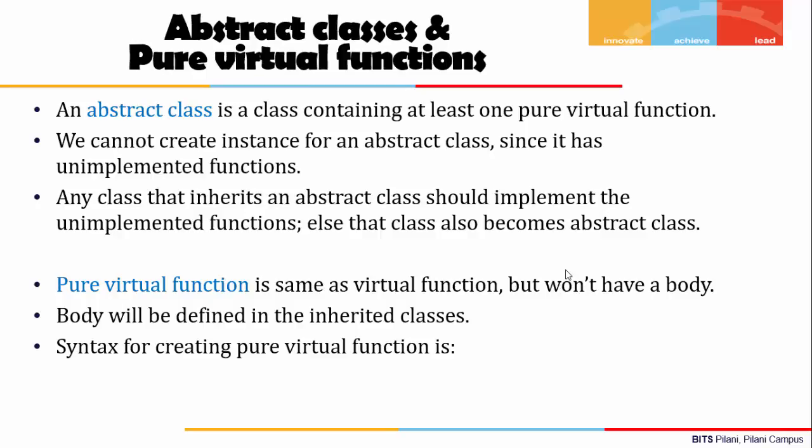It simply indicates that the virtual function is a pure function. If a base class contains at least one pure virtual function, then the class is known as an abstract class. The syntax for creating a pure virtual function is: the virtual keyword, then the return type and the function name with arguments, equals 0.